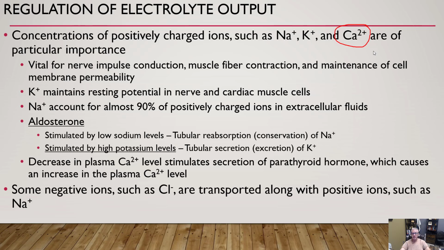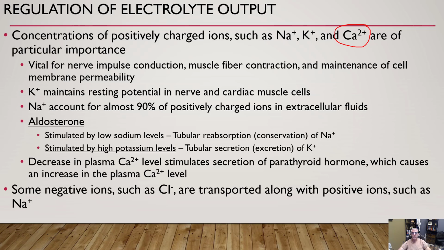Remember that calcium is needed for the vesicles to fuse to the cell membrane to dump out the neurotransmitter. Calcium's good in those T-tubules for skeletal muscle contraction. We have that sodium-potassium pump. All right, potassium is for nerve and cardiac muscle cells.